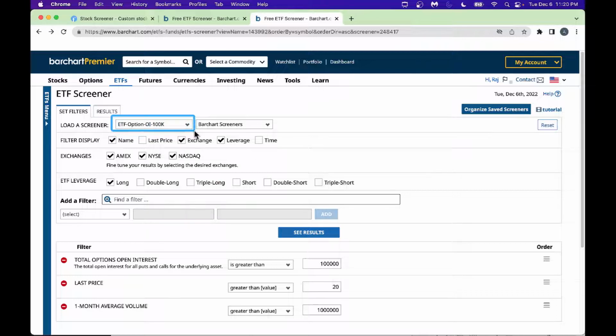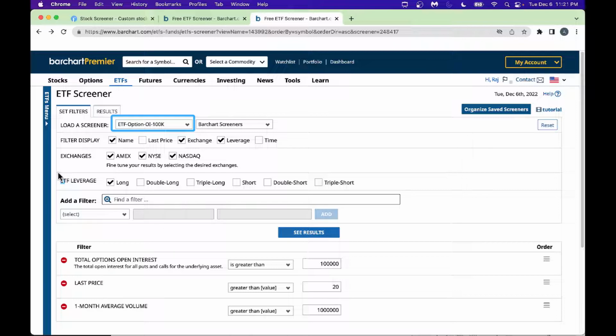When you're trading options, you've got to pay attention to open interest. Don't play options where open interest is very low. It's not worth your while. And from a filter perspective, I basically have a few things here.